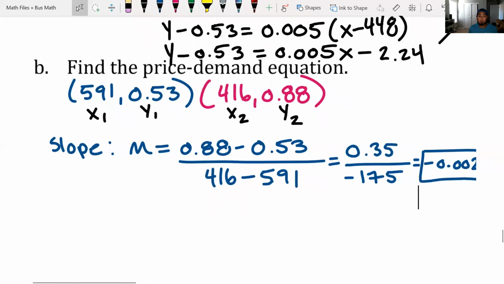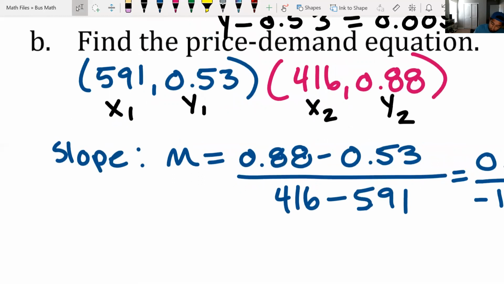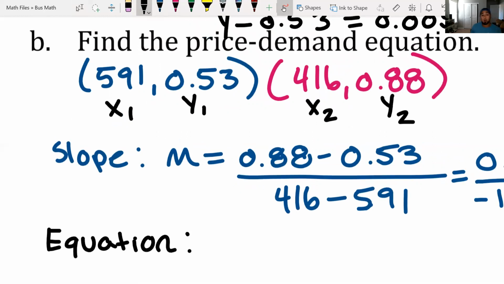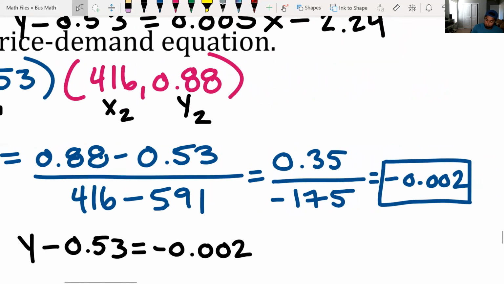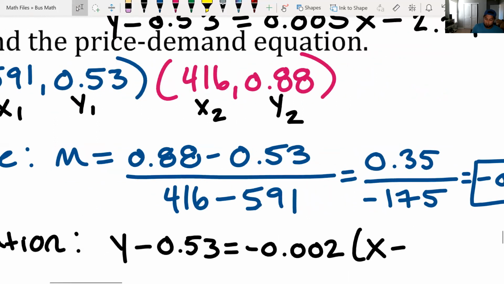Okay, last is find the equation. All right, so we know the formula, y minus y1, 0.53 equal to slope, which is negative 0.002 times x minus x1, which was 591.